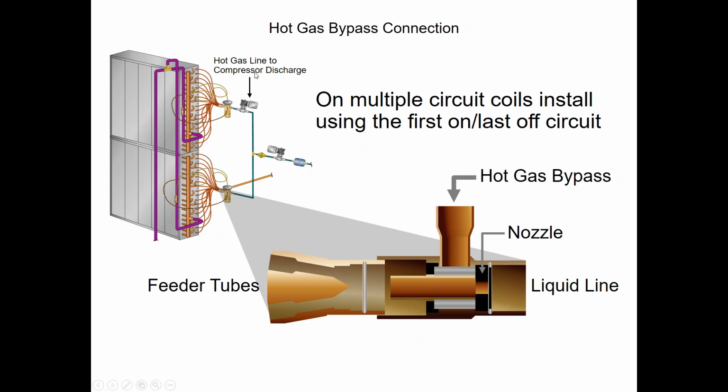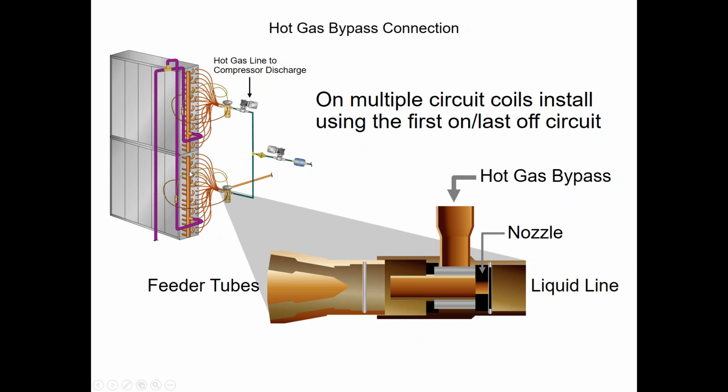Now in a row split, which goes back to that question, a row split coil, we take each coil and we divide it down this way. So we have a circuit on this side of the coil, a circuit on that side of the coil, a circuit on this side of the coil, a circuit on that side of the coil.